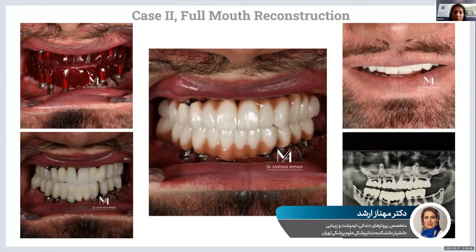In very large subperiosteal implants, we may have some dehiscence, but when the dehiscence is in the polished area, the patient can clean it, and the maintenance is not so hard.